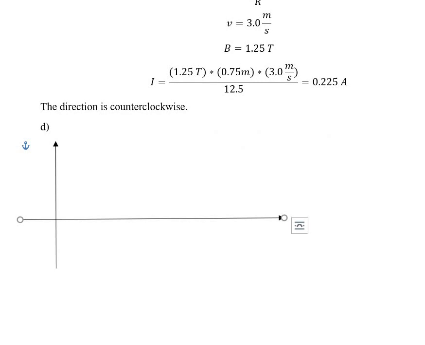So we can put these two numbers right here, and right here, because the direction of the current from part C was counterclockwise, so it's going to be the negative number.